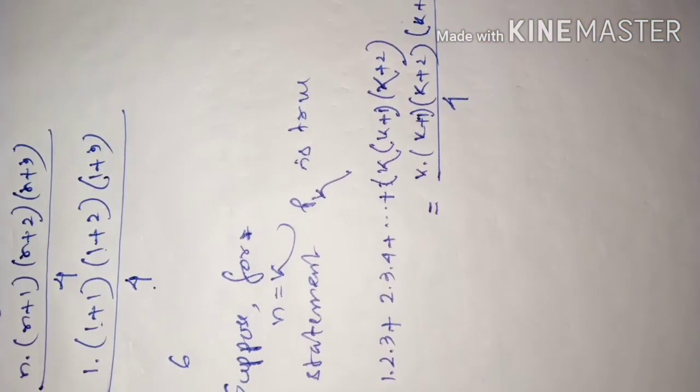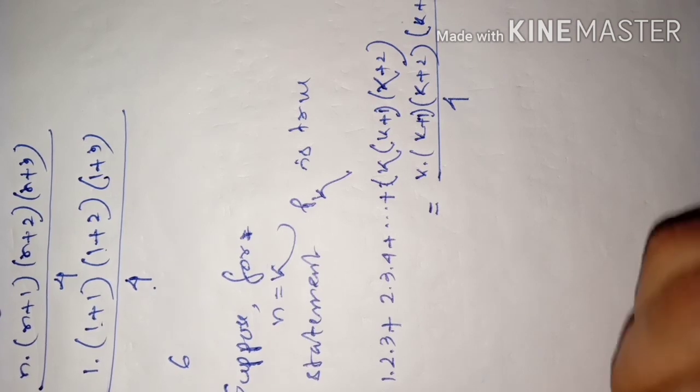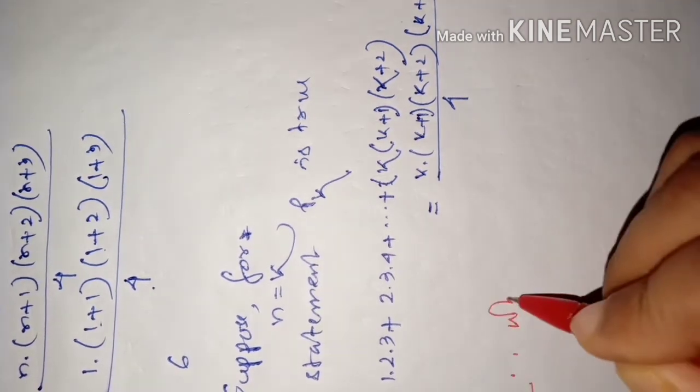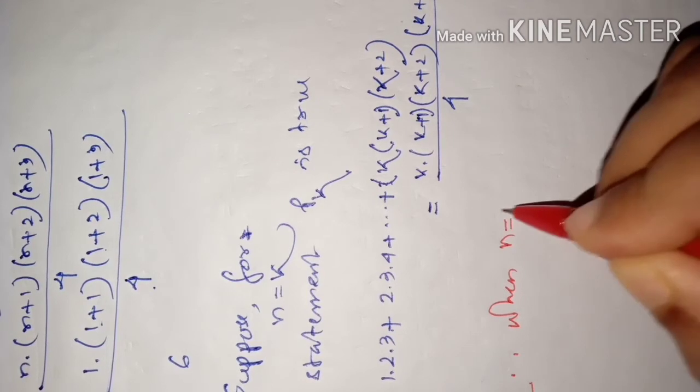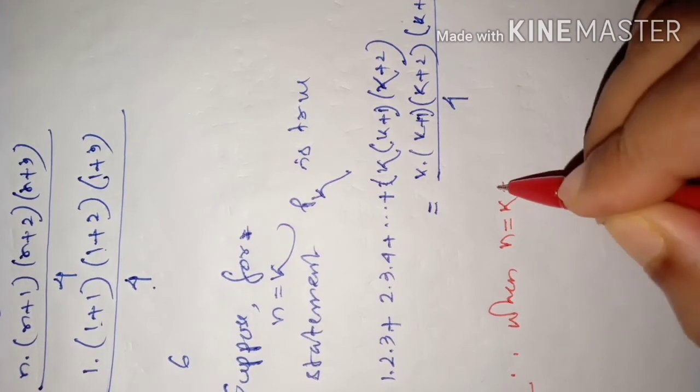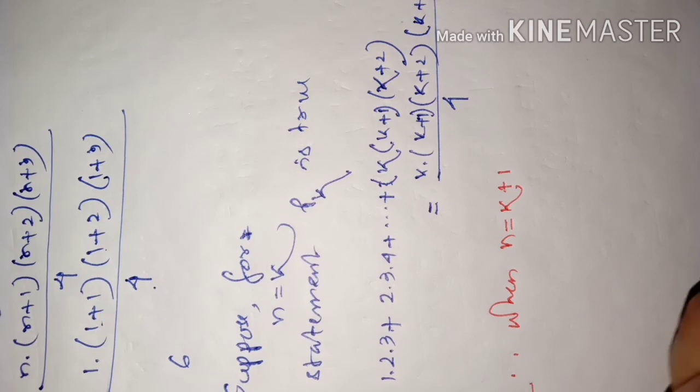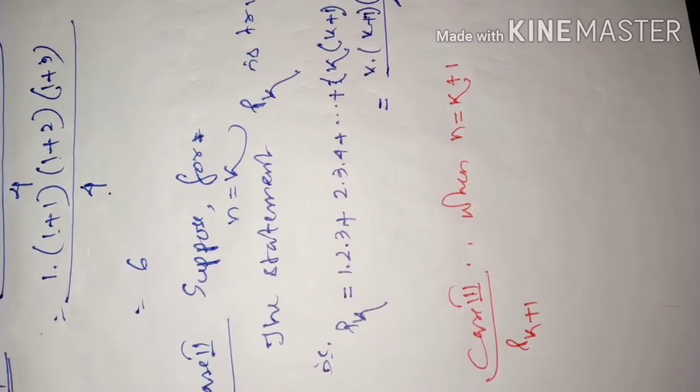Now the third step is what? Step number 3 means case 3. When n is substituted by k plus 1, then on the left hand side we write Pk plus 1.